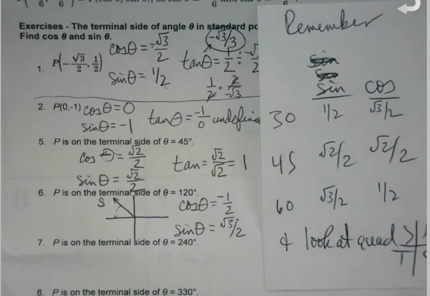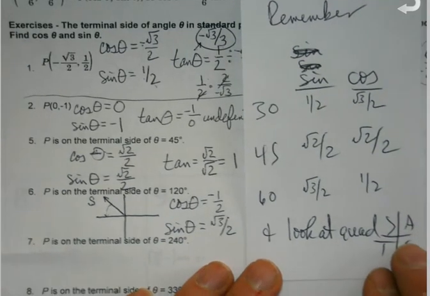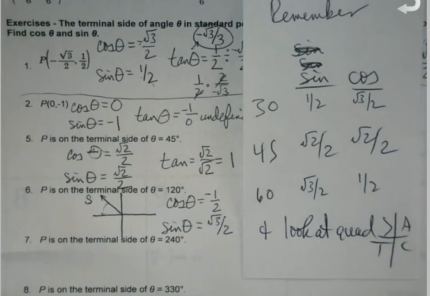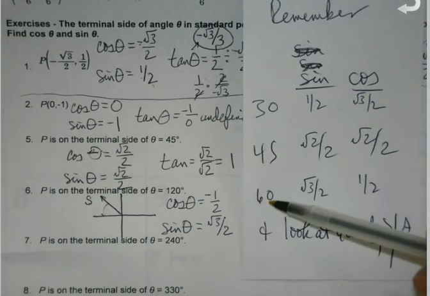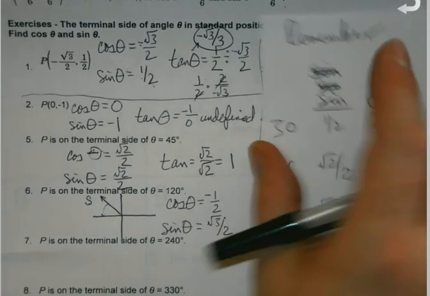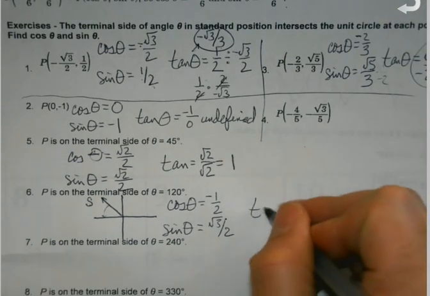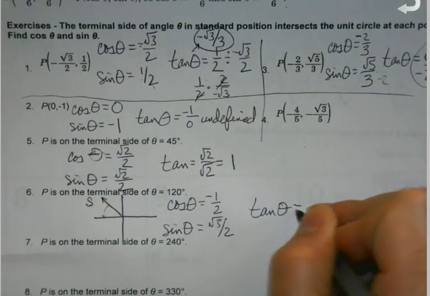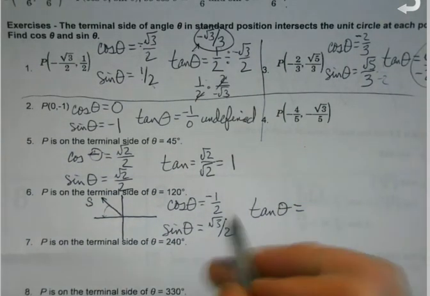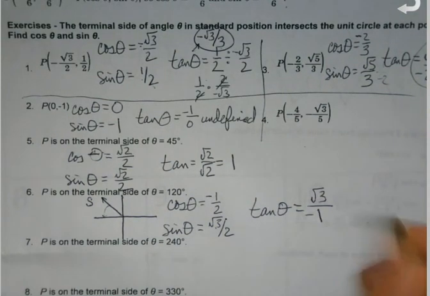And again, as you're trying to remember your unit circle, the big things, like I said, if you don't memorize every single degree measure with how it goes, if you know these three, you can always use a reference angle and then just play with the signs based on what quadrant they're going to be in. That'll pop back up again here in a bit. So then my tangent would be my sine over my cosine.